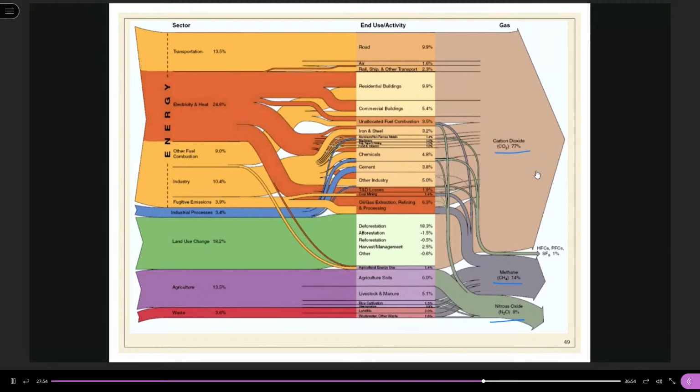So different activities: transportation, electricity, other industrial activities, land use, agriculture, and waste.